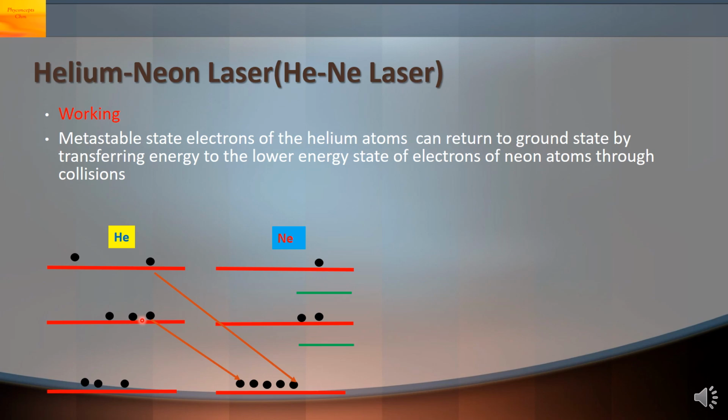Before they return to the ground state, they transfer the energy to the neon atoms. So here it is shown in this diagram that the helium atoms have come down to the ground state after transferring energy to the neon atoms.